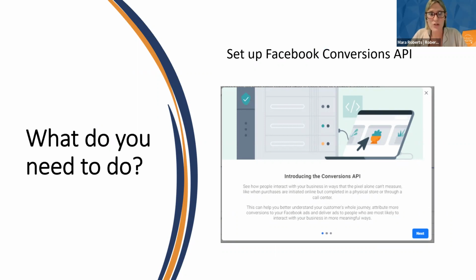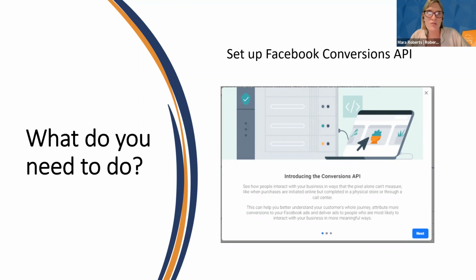And what the Conversions API is, it's a more in line with the privacy settings, a new way of tracking ads. So the Conversions API enables you to track conversions on the server side rather than through what we call cookies.